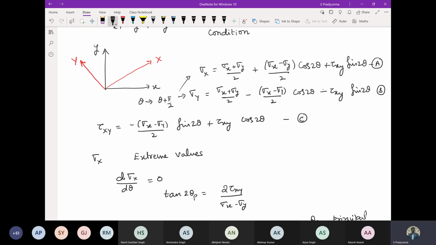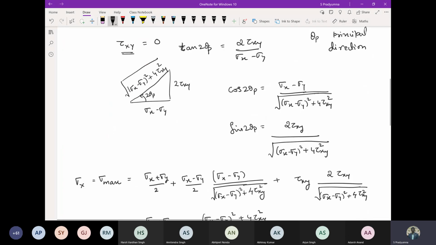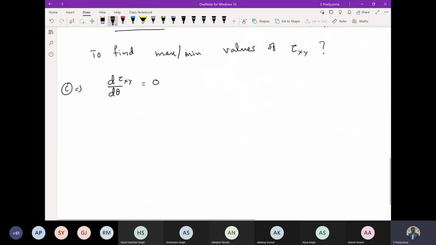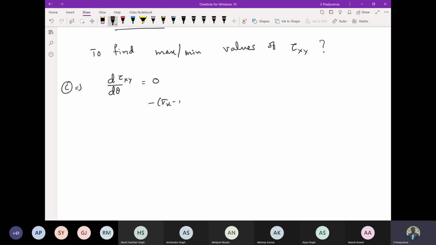We get minus of sigma x minus sigma y into cos 2 theta minus tau xy 2 tau xy sin 2 theta, and that is equal to 0. Therefore, minus of sigma x minus sigma y into cos 2 theta minus 2 tau xy sin 2 theta equal to 0.